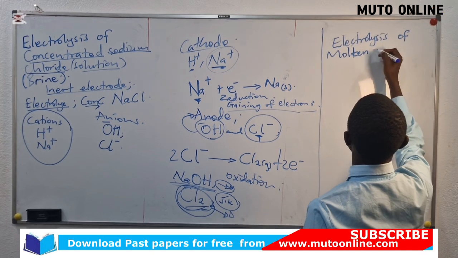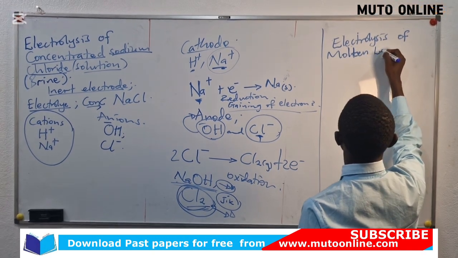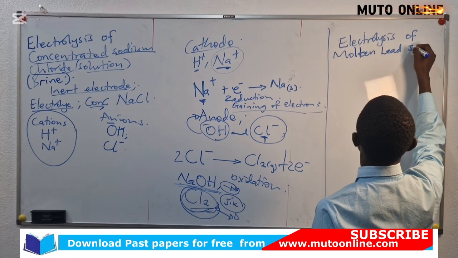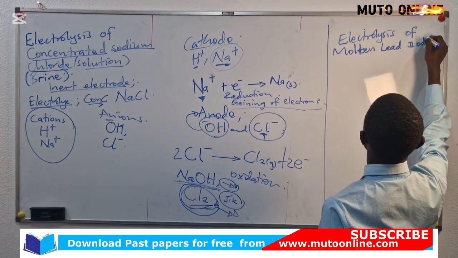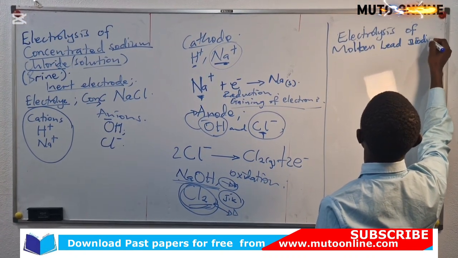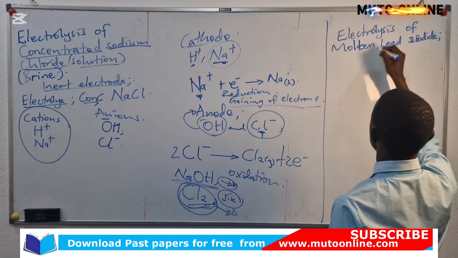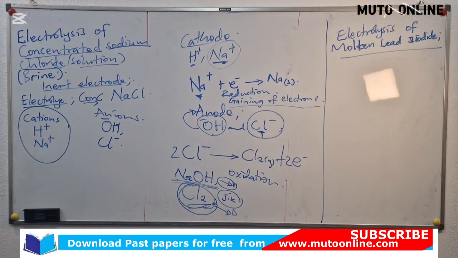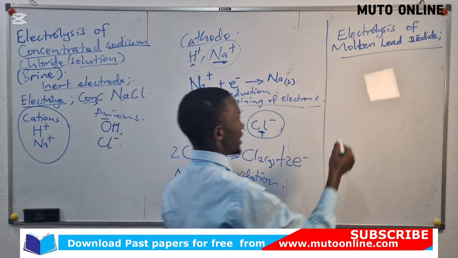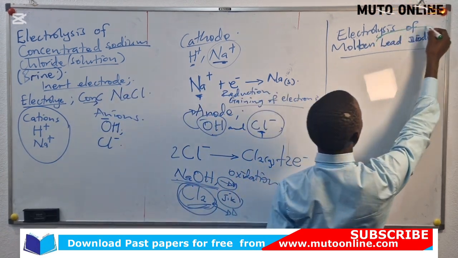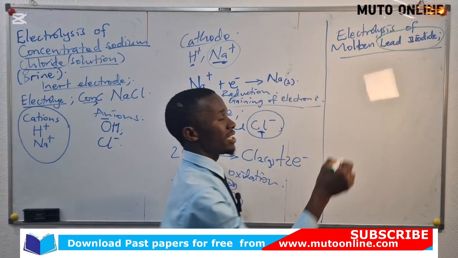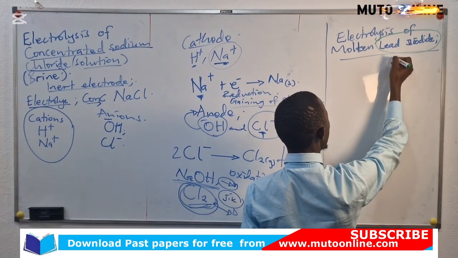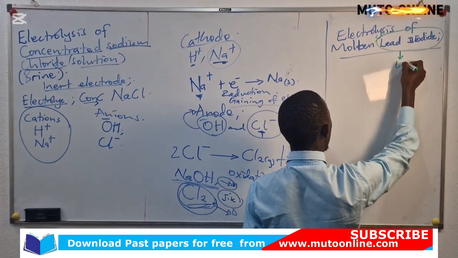Let's talk of electrolysis of molten lead II bromide. Members, this is molten, meaning that there is nothing, it is purely this electrolyte, no water in it. It is purely this electrolyte that has been heated to its liquid form.